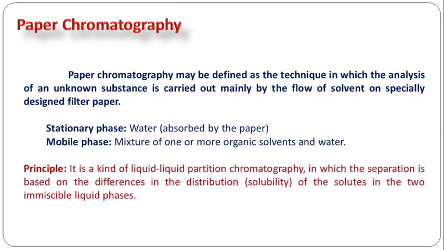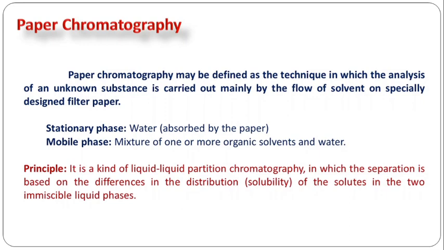So we will see the principle. What is the principle for the separation in paper chromatography? It is a kind of liquid-liquid partition chromatography, because the stationary phase is liquid as well as the mobile phase. Separation is based on the differences in distribution, that is, the solubility of the solids in two immiscible liquid phases. So separation occurs due to the difference in solubility of the components of the mixture in the stationary phase and the mobile phase.